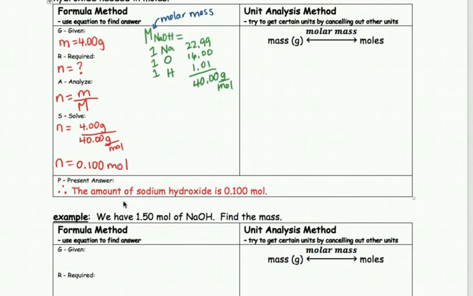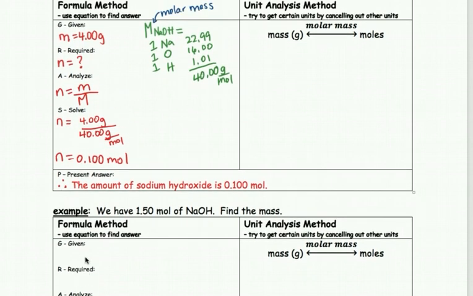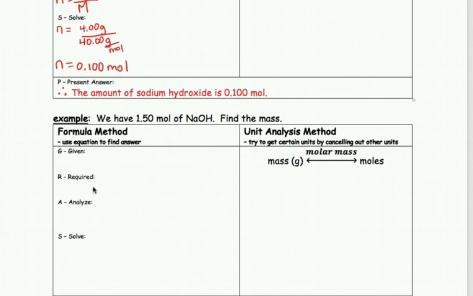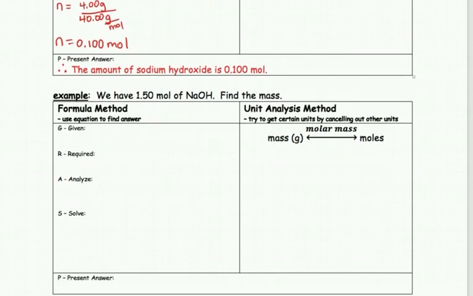We'll just go through these ones here because with formulas, you're used to plugging things in and so forth. Okay, so example 2, we have 1.50 moles of sodium hydroxide. Find the mass. Go through your GRASP steps and write in all the things that you have.